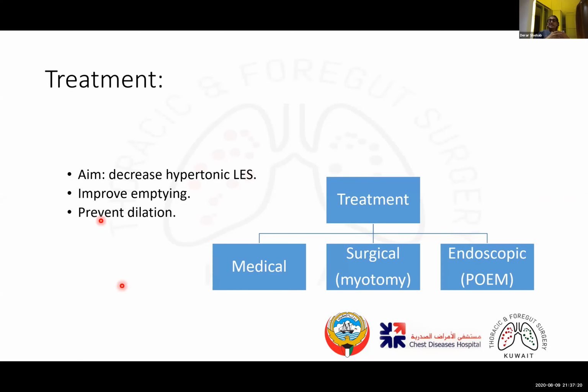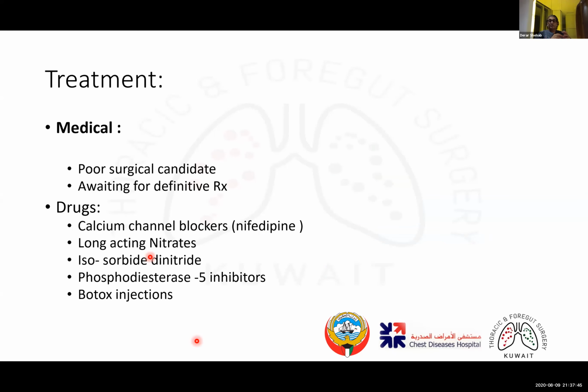The treatment of achalasia is aimed at decreasing the hypertonic LES and improving emptying so that we prevent dilatation of the esophagus. We can achieve this endoscopically, surgically, or medically, but most of the time endoscopically and surgically. Medical treatment we reserve for poor surgical candidates and patients waiting for definitive surgery.